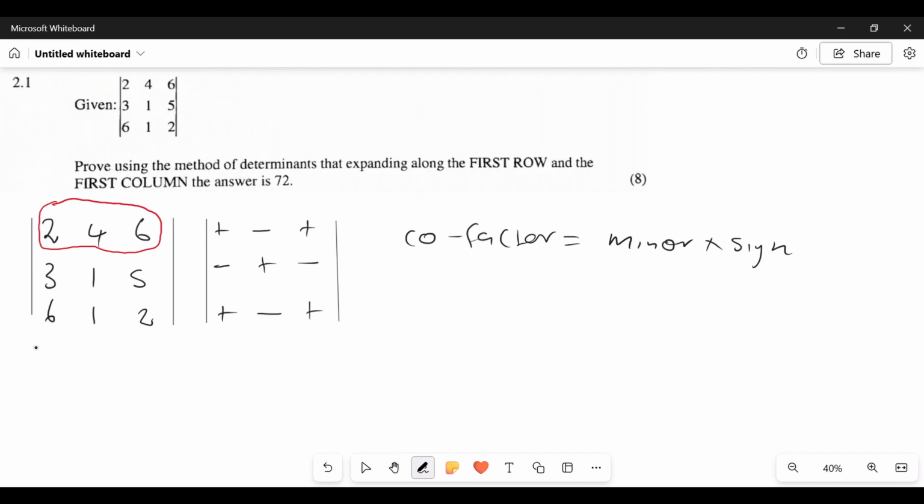Let's start here. Our minor here is going to be 2. So we cancel the column where 2 is, and then we cancel the row where 2 is. From here, guys, we can write that the minor is 2.